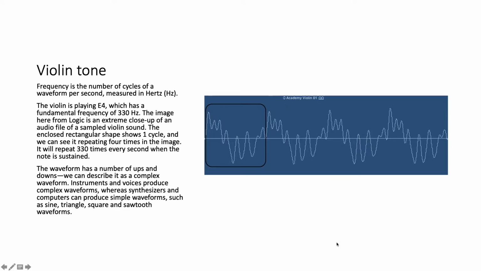When we're listening to the violin sound, it's going to be repeated 330 times per second when the note is sustained. This particular waveform has a number of ups and downs to it and is therefore a complex waveform. Instruments and voices produce complex waveforms, but with synthesizers and computers, we can produce simple waveforms such as sine waves, triangle waves, square waves, or sawtooth waves.